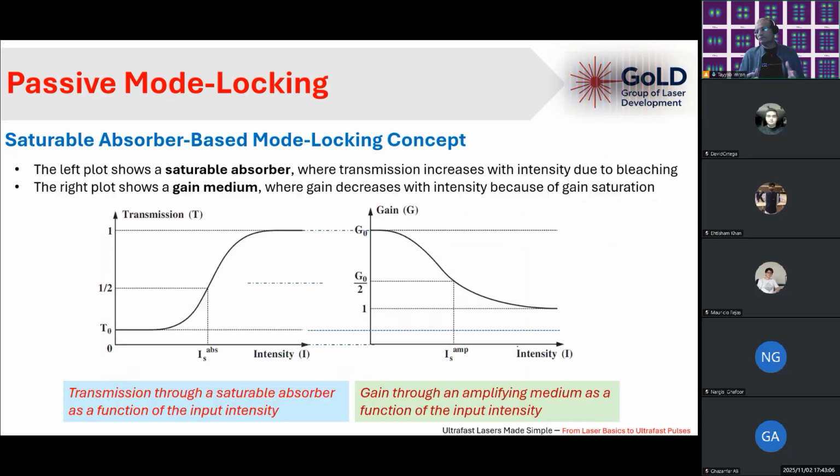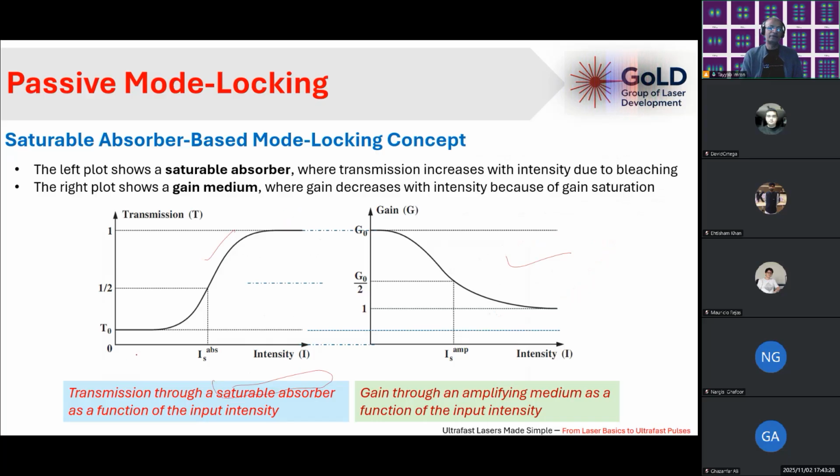This is how to show it graphically. On the left side, what you see here is the saturable absorber, and here on the right side you have a gain medium, amplifier medium, or whatever you want to say.